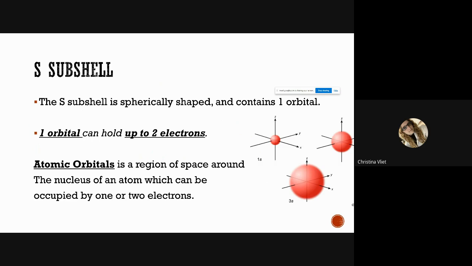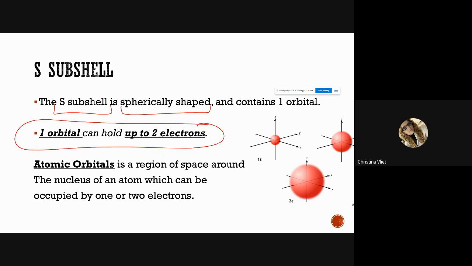What looks the same in all the s orbitals? They all have the same shape. So every time you see S, it has a spherical shape. It contains 1 orbital. I'll write this down. Every time you have an orbital, it can hold 2 electrons.